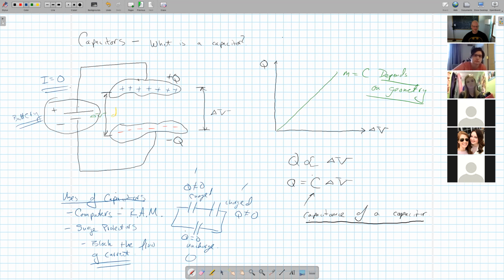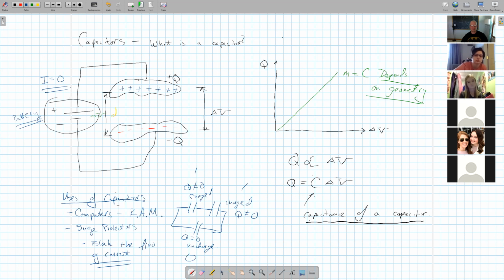So in a surge protector, what does this do? Let's say your house is hit by lightning, which causes a huge amount of potential, which then causes a huge amount of current to want to flow through the system. What the capacitors do is block that flow of current.